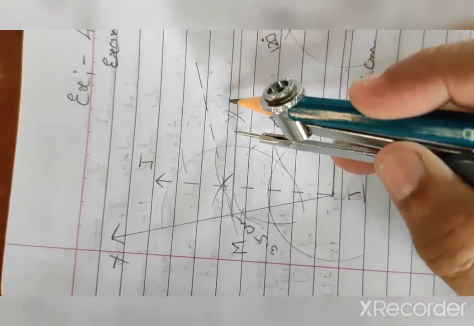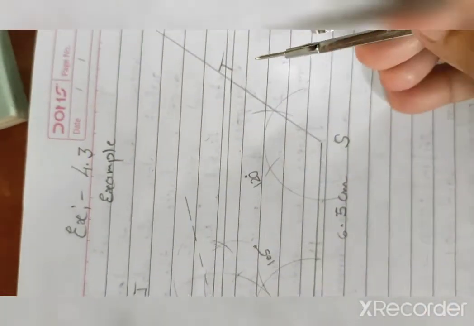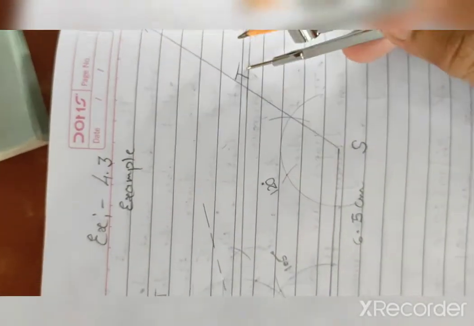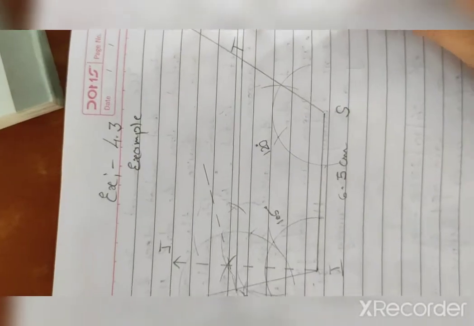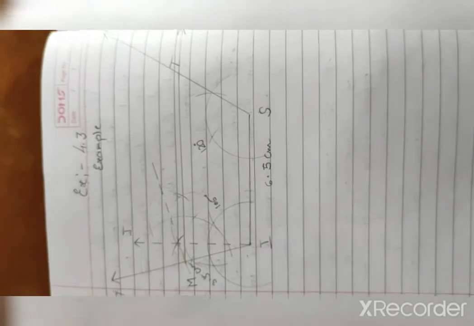So you are getting 75. Then intersecting point you will join and extend the ray Z, which intersects SX at T. So MIST is your required quadrilateral, you can see. Okay.